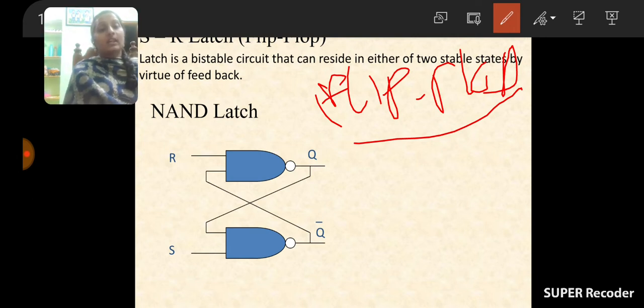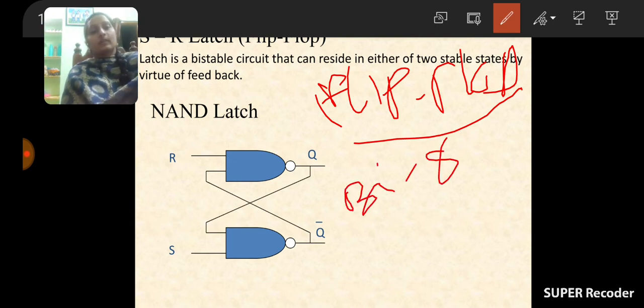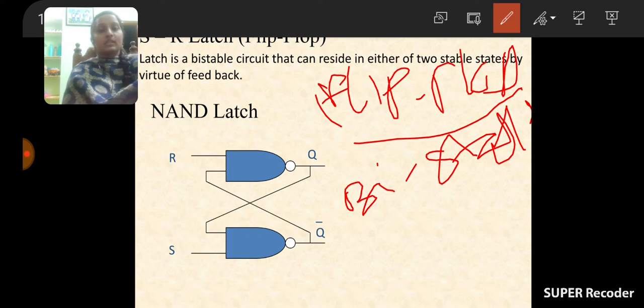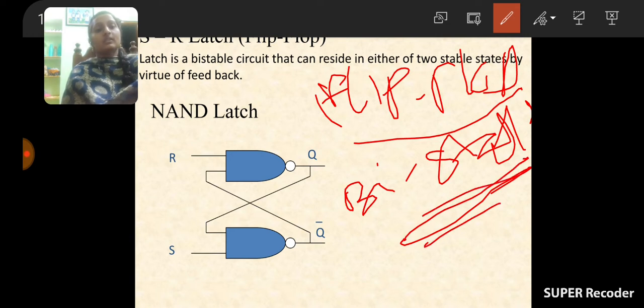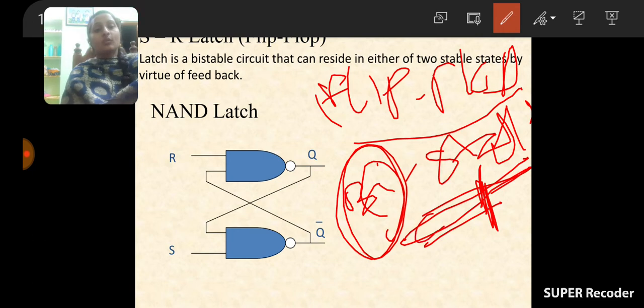Why is it called a bistable multivibrator? It is used to produce stable vibrations. How many stable vibrations will it produce? 2. So flip-flop is a bistable multivibrator, able to produce 2 stable states only.